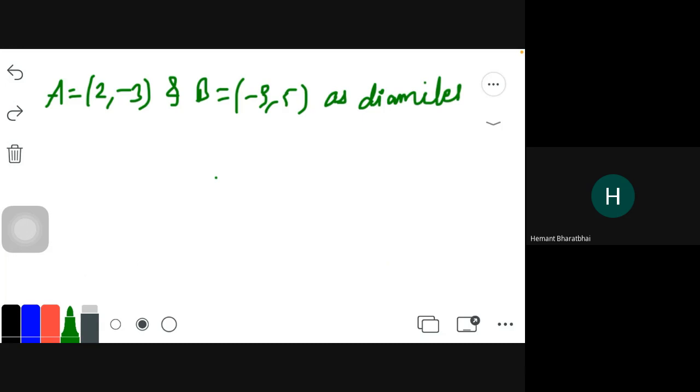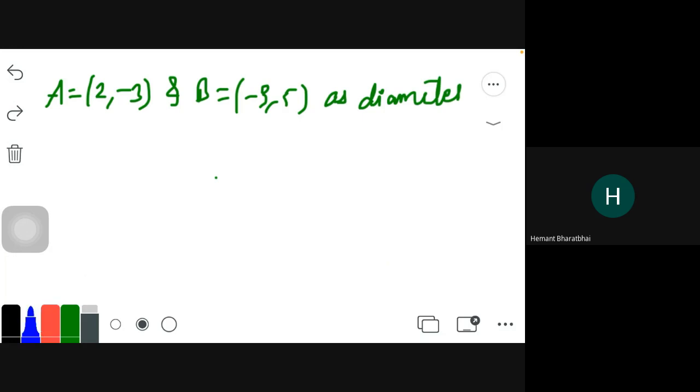So this time we have been given the diameter. If we know the diameter, we'll go for the diameter form.